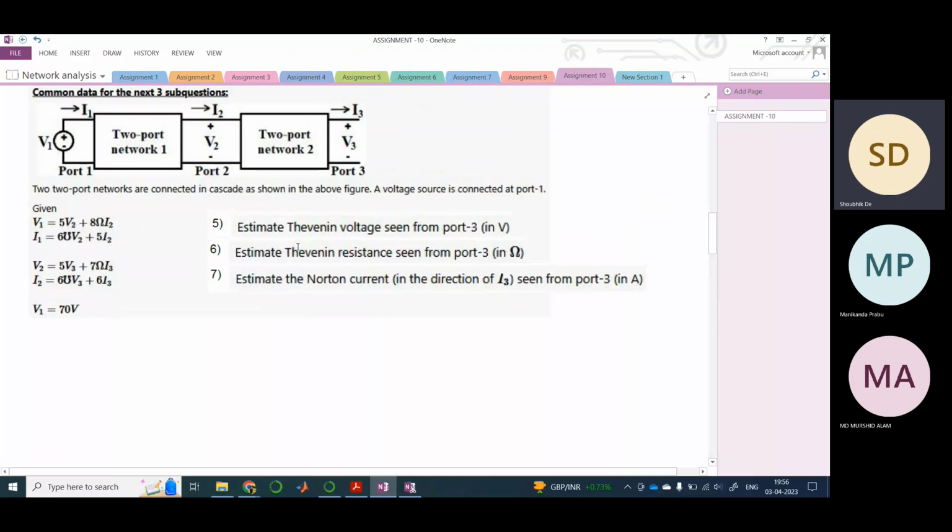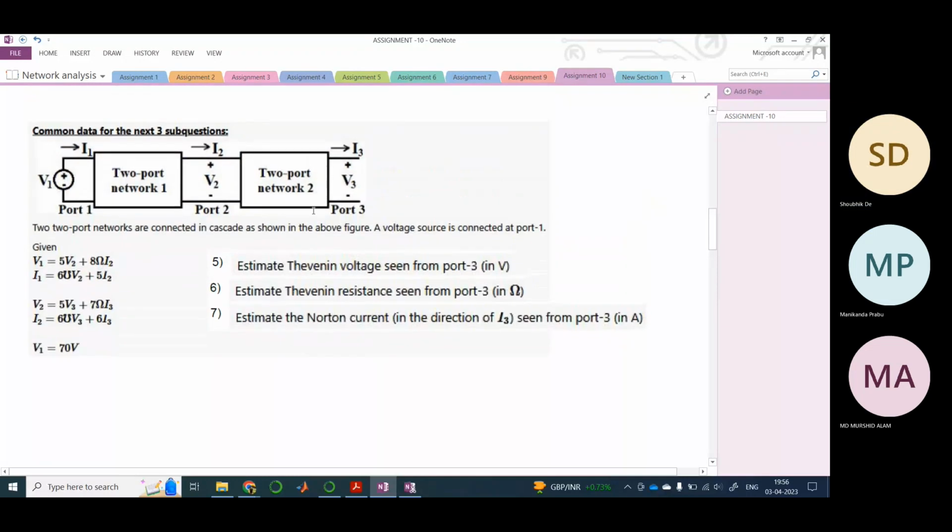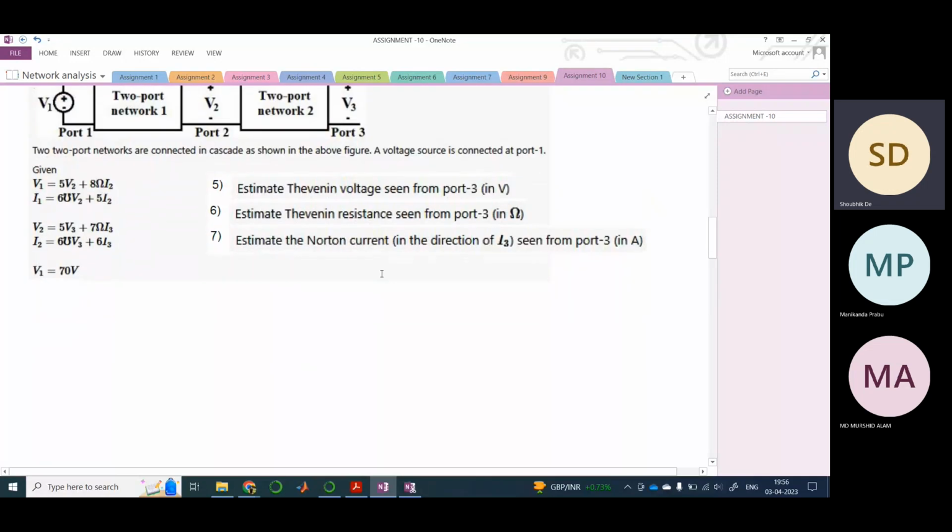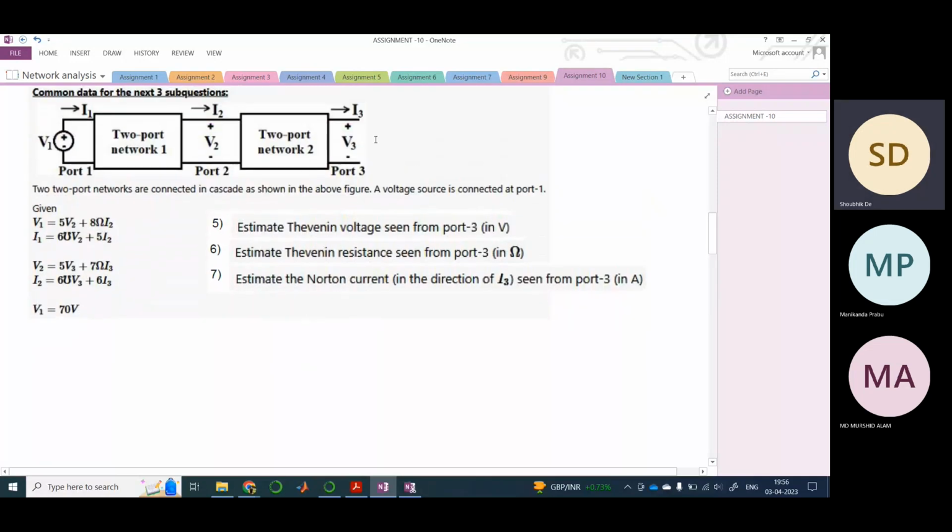So here, see, the problem is very simple. V3, right? We first need to see what they have told. Estimate the Thevenin voltage at the output terminal.